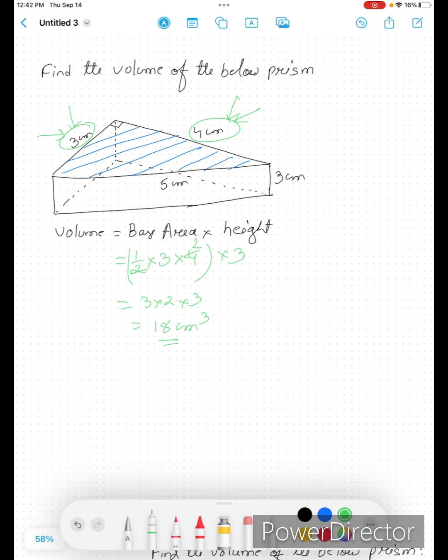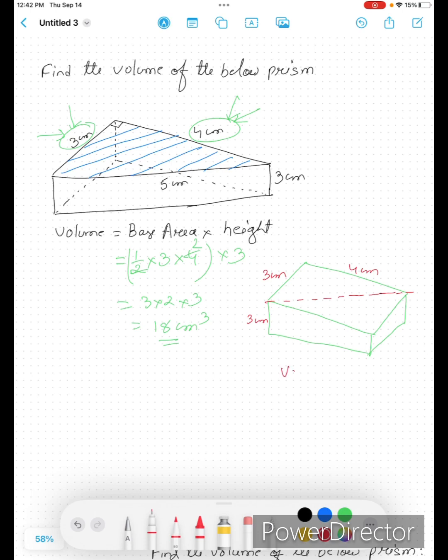We also saw in the last example that a cuboid, which is rectangular in shape, when we divide it into half, we know that that's the volume of the triangular prism. So in this case, this is 3 centimeter, 4 centimeter, and height is again 3 centimeter. We can visualize that as a half chopped triangular prism of a rectangular prism.